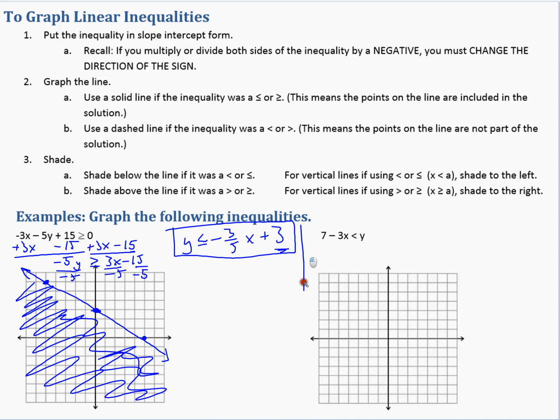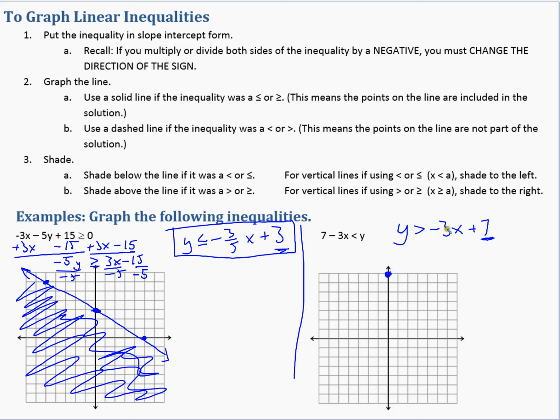Our last one is pretty much in slope-intercept form. It's got the y on the right side, which if it was an equal sign, we would be okay with that, but it's not. So let's rewrite this so the y is on the left side. So this is going to actually be y is greater than, and we put the x term first, so -3x plus 7, which means our y-intercept is at +7.